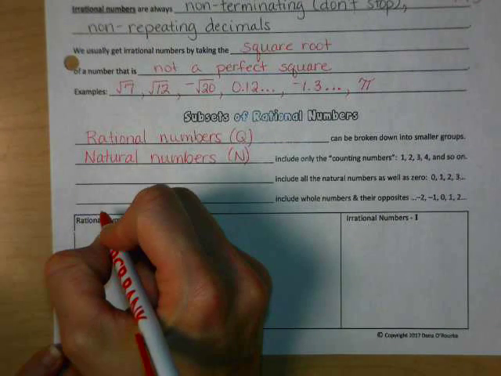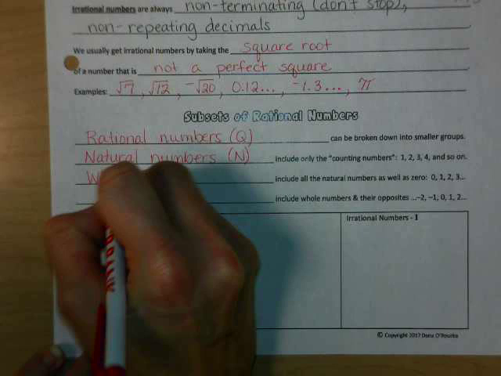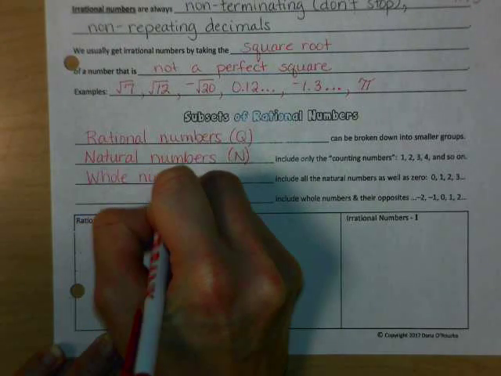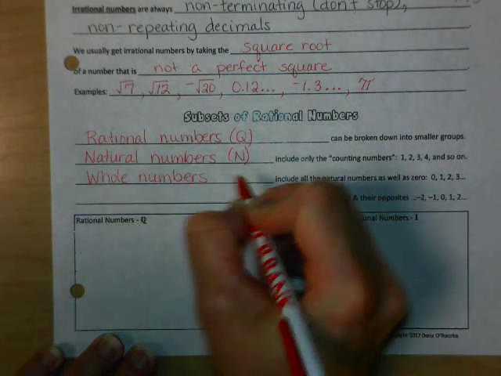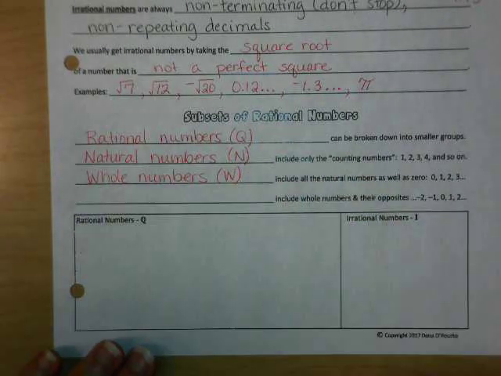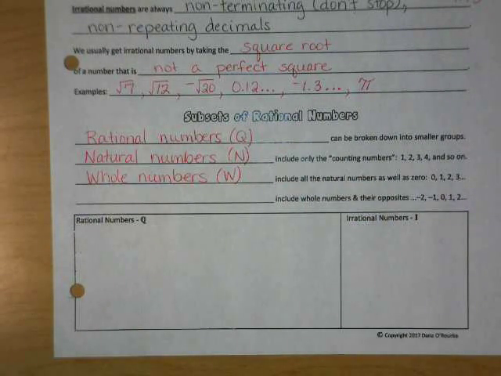All right, what's next is whole numbers. What is the only difference you see between what we talked about being natural numbers and now for whole numbers? What's the only difference you see in the list? It starts at 0.